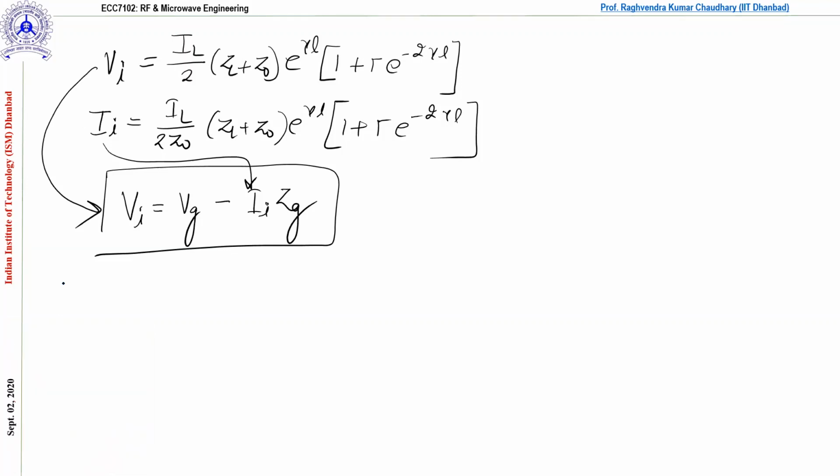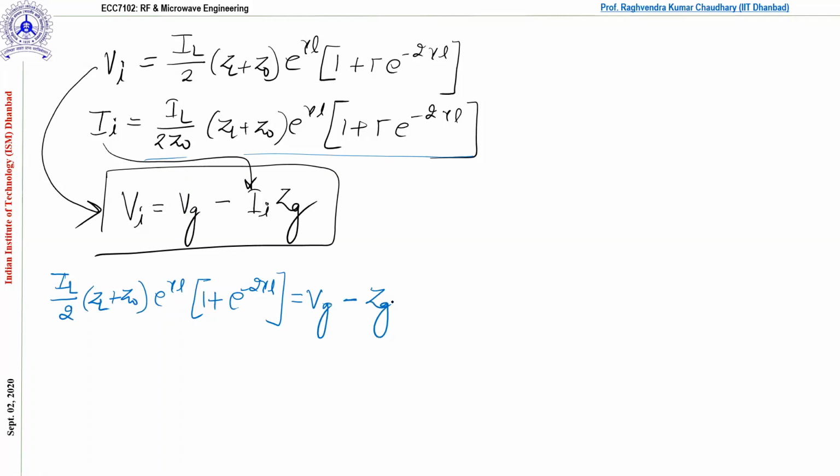Please check that this will be IL by 2 (ZL plus Z naught) e to the power gamma L, (1 plus gamma e to the power minus 2 gamma L) is equal to Vg minus this whole term, Zg IL over 2 Z naught, (ZL plus Z naught) e to the power gamma L, (1 minus gamma e to the power minus 2 gamma L).